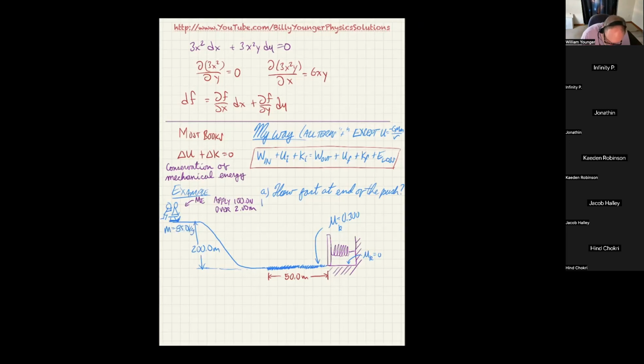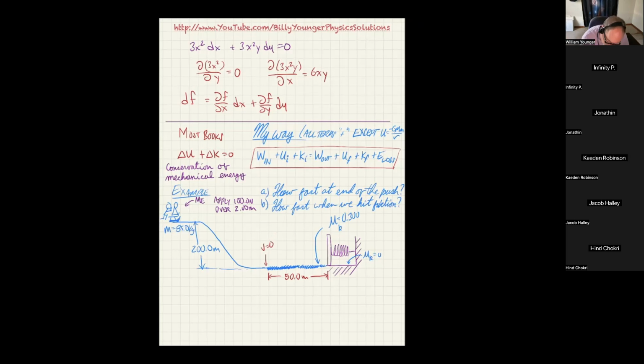Then part B is how fast when we hit friction. In other words, how fast are we going right here?